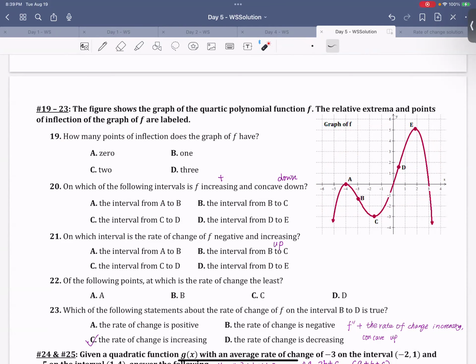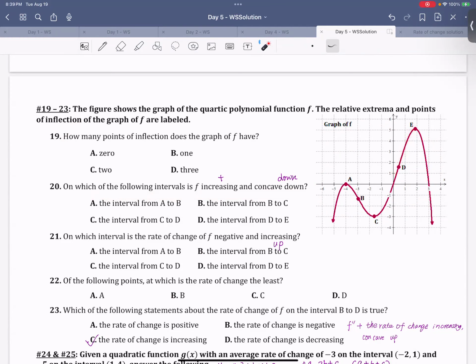B and D. Good. One more. D to E. D to E. Increasing, concave down. Okay? Very good.